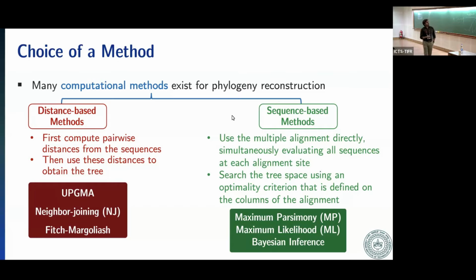What can the optimality criterion be? It can be parsimony based, likelihood based, or even Bayesian models of evaluating all these things. We are going to see some examples of each of these methods.